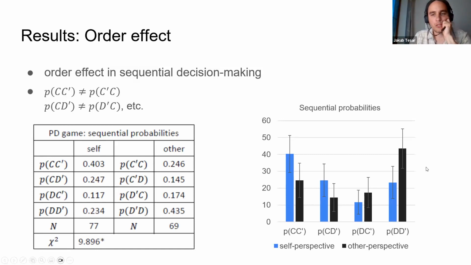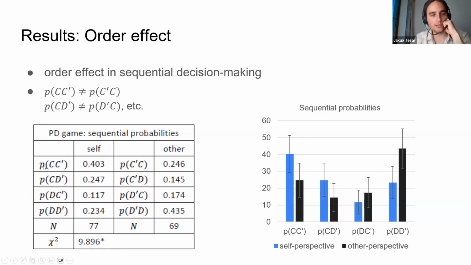I will just show you the results. Here you have each combination of own strategy and expectation about the other, and blue columns start with the self perspective and black columns start with the other perspective. You probably see that there is a clear difference, and it's statistically significant.